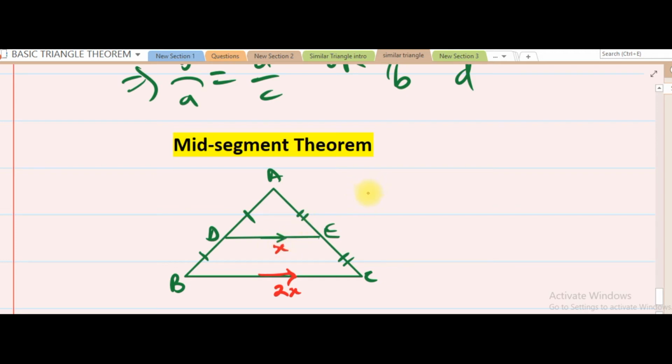It states that a segment joining the midpoints of two sides of a triangle is parallel to the third side and also has a length equal to half of the third side. So we can still prove this.